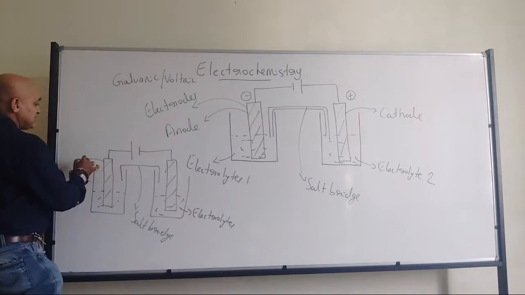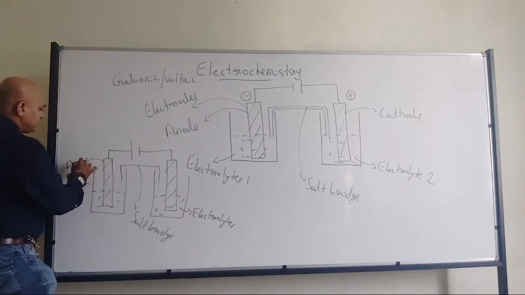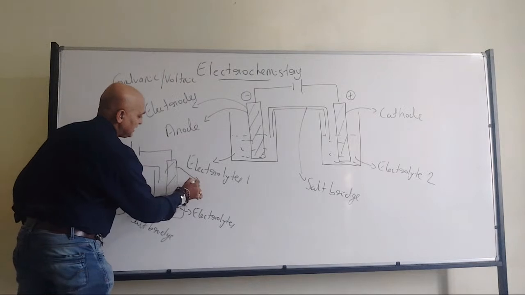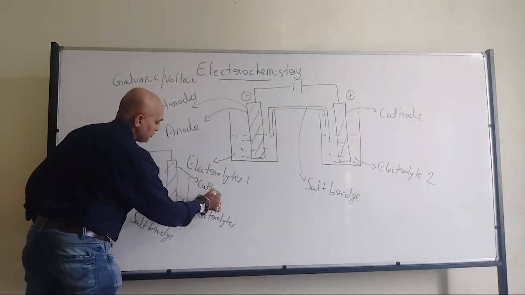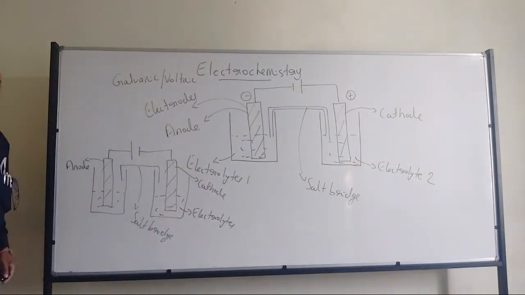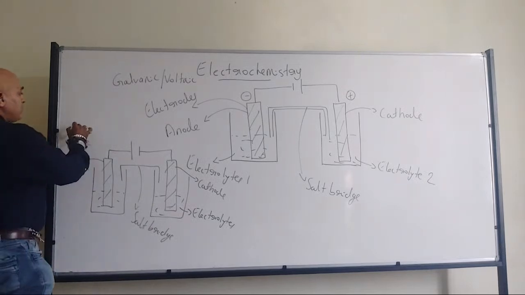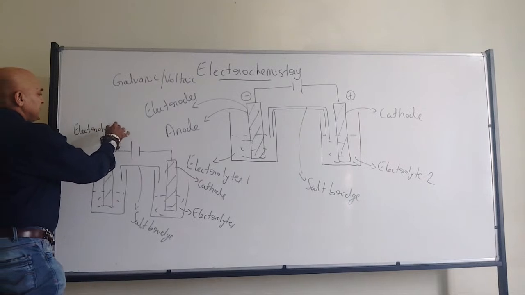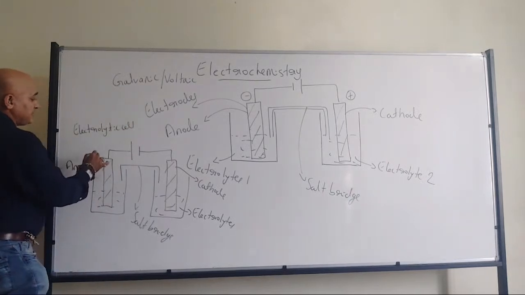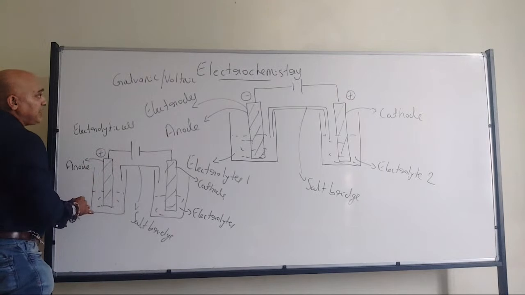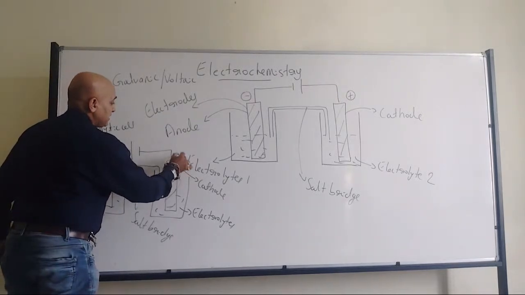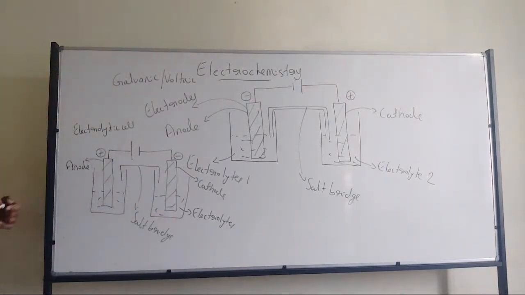In this case, once again, the left hand side will be the anode and the right hand side will be the cathode, no doubt. But if I consider this one as an electrolytic cell, then I will consider the anode as positive and the cathode as negative.